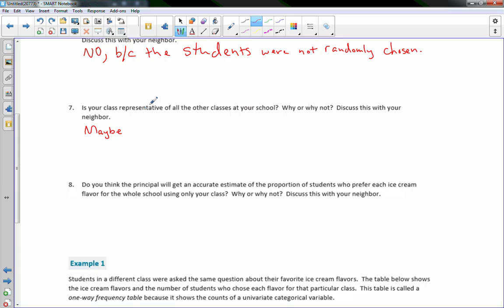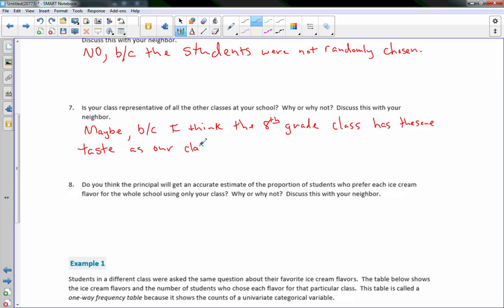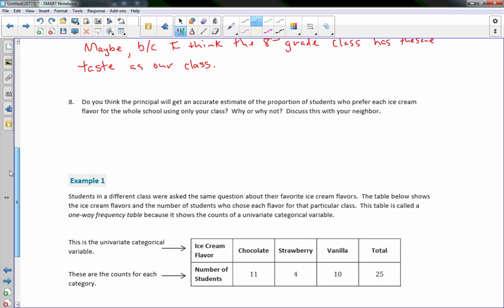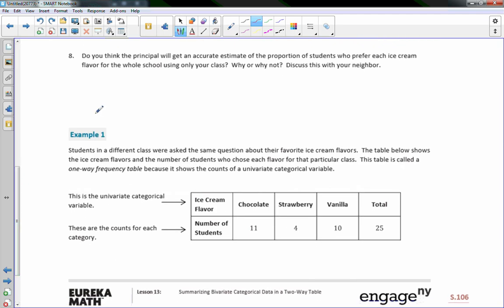So if we say yes, you might say, because I think the 8th grade class has the same tastes as our class. Or you might say no, because you think that our class, for some reason, you would think chocolate would be the most common, where vanilla was actually in our class.